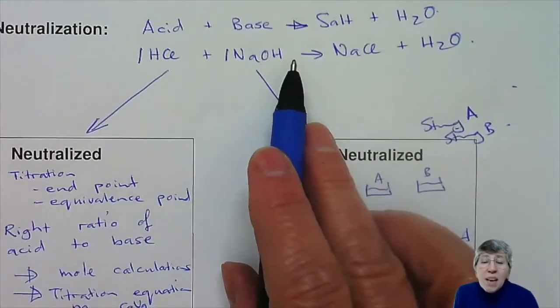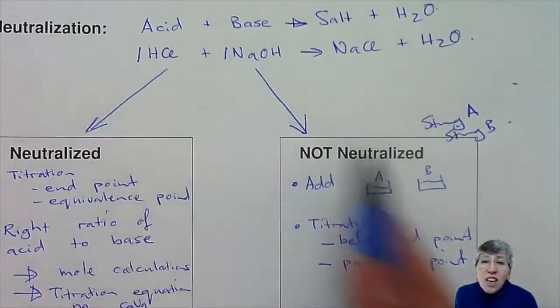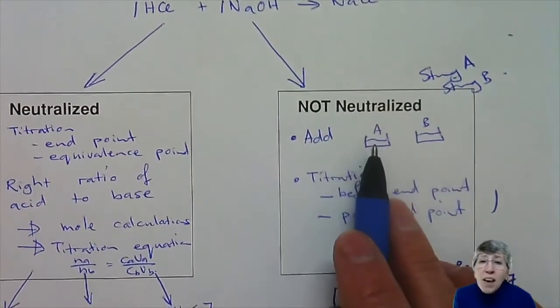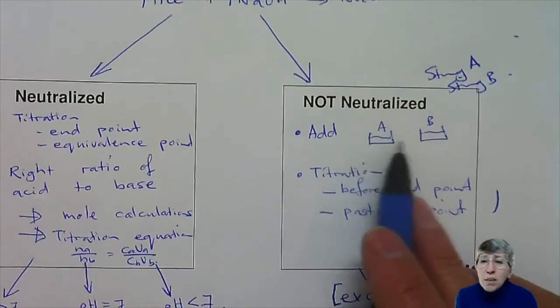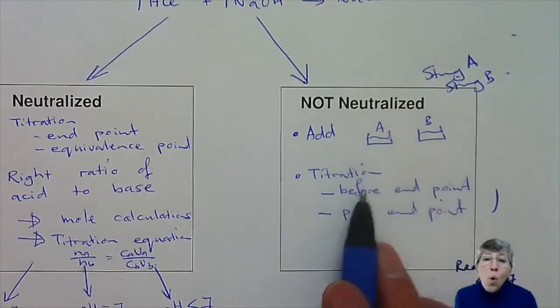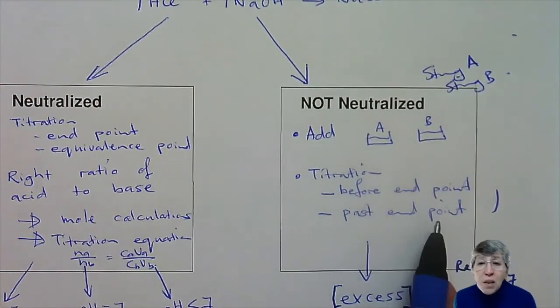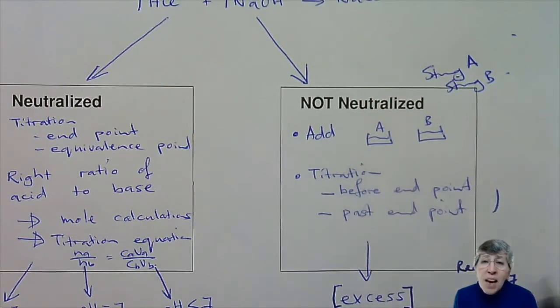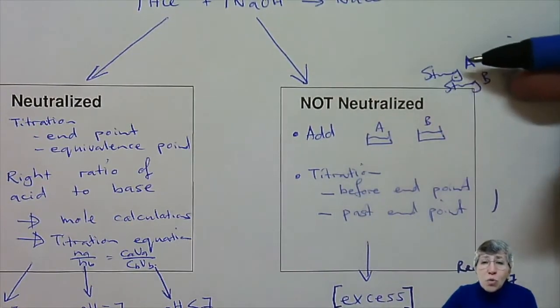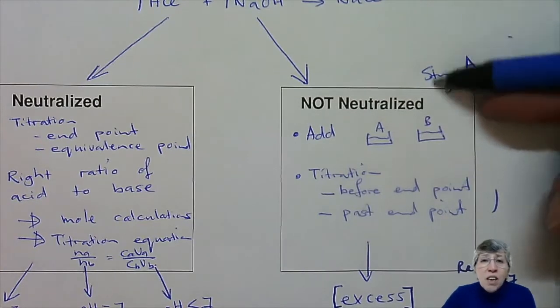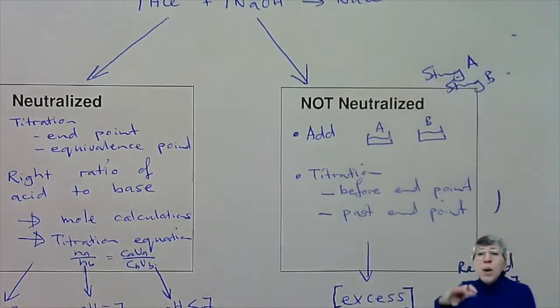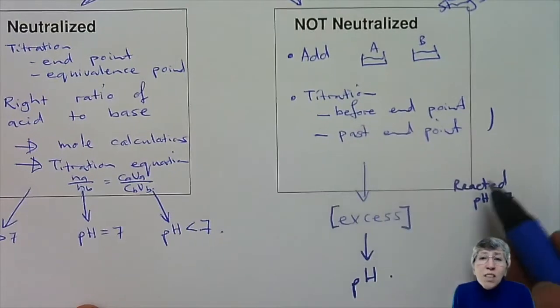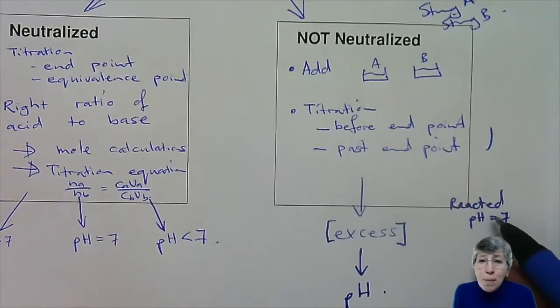When you add them and they're not in the right ratio, and that will either be when you just add two random solutions or before or after the endpoint, then something is in excess, right? And since they only asked this for strong acids and bases, we know the part that reacted we can ignore totally, because the ones that reacted ended up being 7.